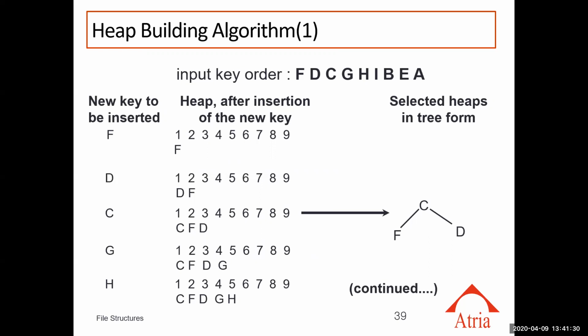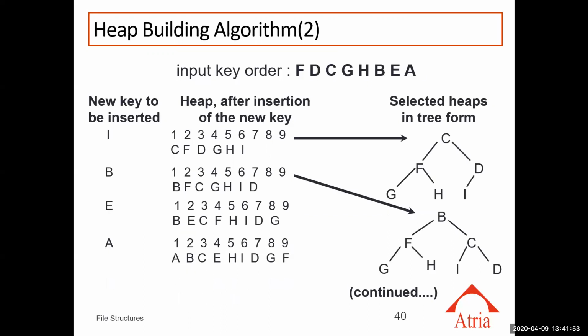And then next element is g. g is larger than the others, so no need of doing any changes. So that will be placed in the fourth location. Then h is also larger than all the values, so h will be placed in the next available memory space.